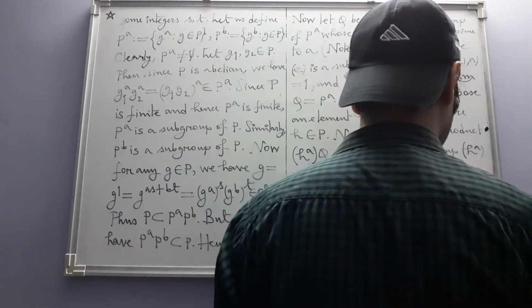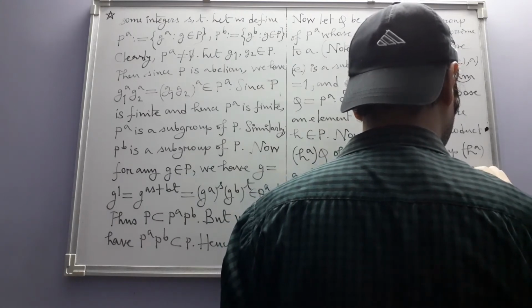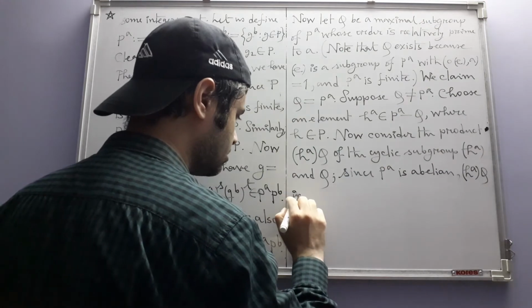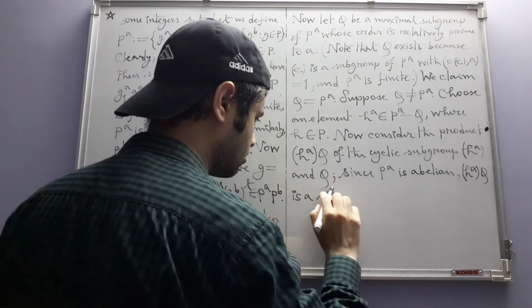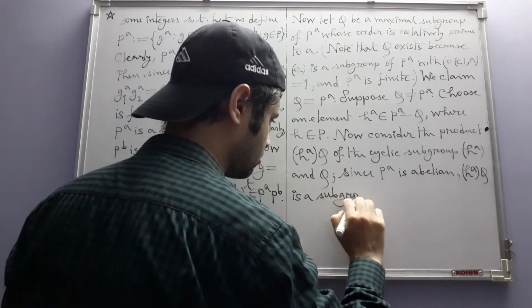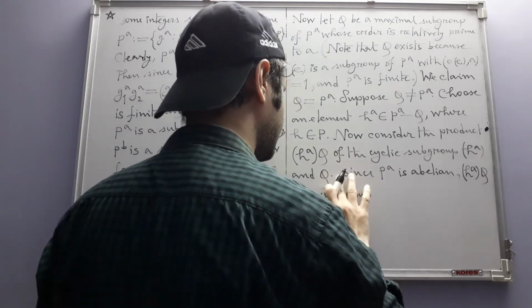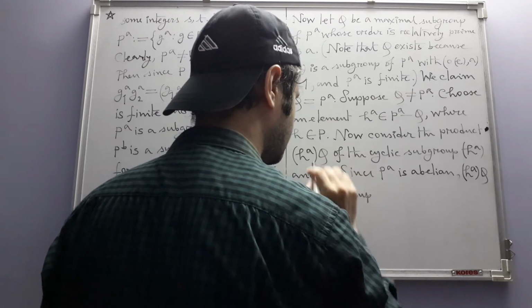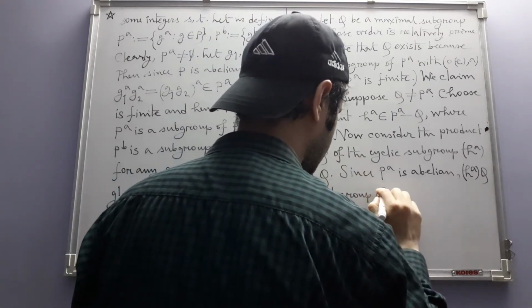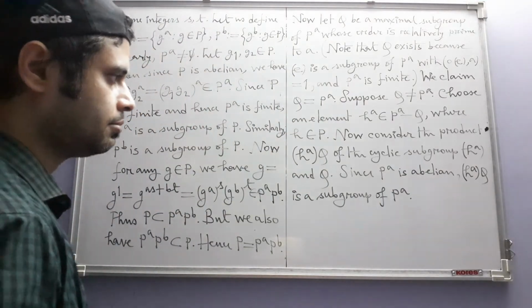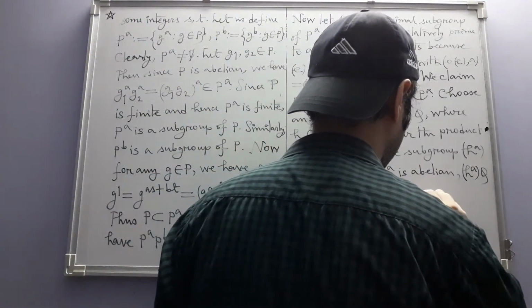Since PA is abelian, this product is a subgroup. Okay, we can as well write it as a separate line: it is a subgroup of PA.